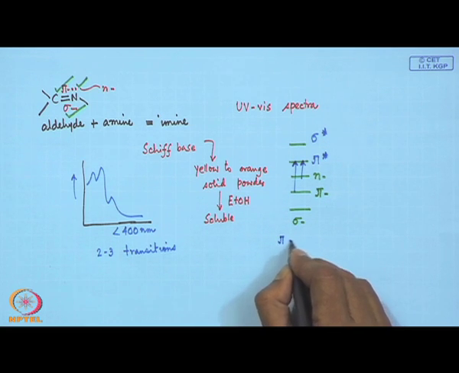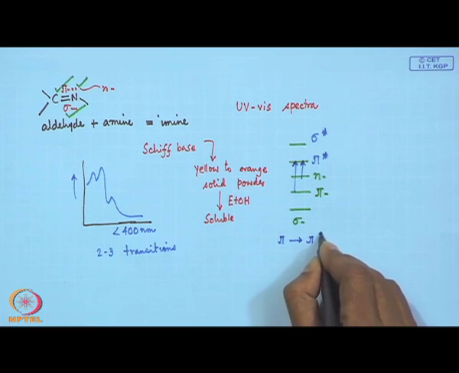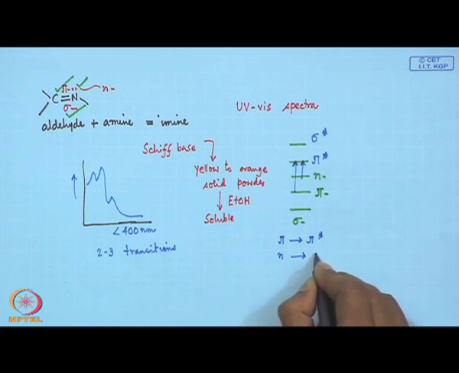One is the pi to pi star transition, another is the n to pi star transition.